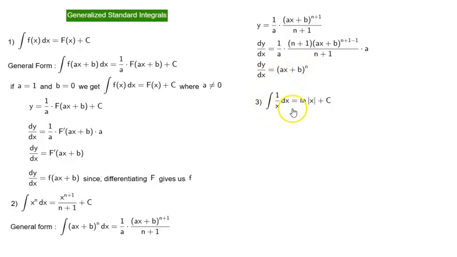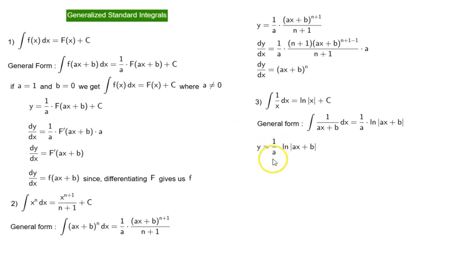Integral of 1 by x dx is equal to natural log of x plus c. The general form of that would be integral of 1 by ax plus b dx is equal to 1 by a times natural log of ax plus b. So let's verify that.